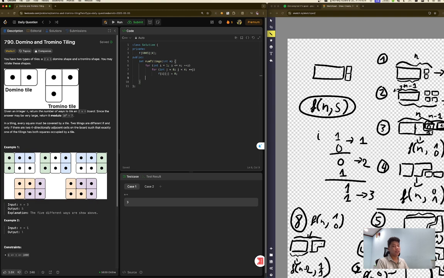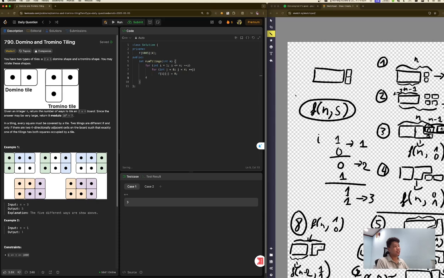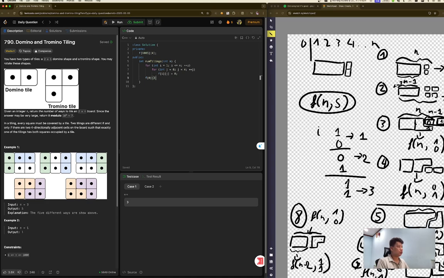Every dynamic program or recursive formula has an anchor, or we call it initial state. For this initial state, we assume that if there are no columns, n equal to 0, the fully filled state F(0, 1, 1) is equal to 1.